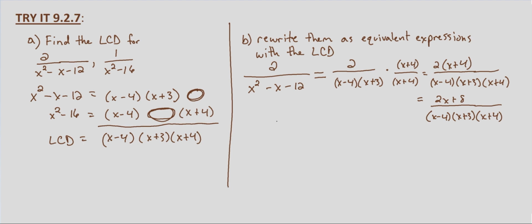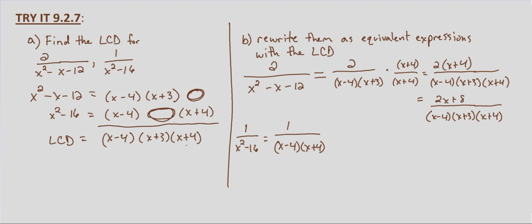Now we repeat the process with our second rational expression. We have 1 over x squared minus 16, that equals 1 over x minus 4 times x plus 4. Now what is it missing from our LCD?